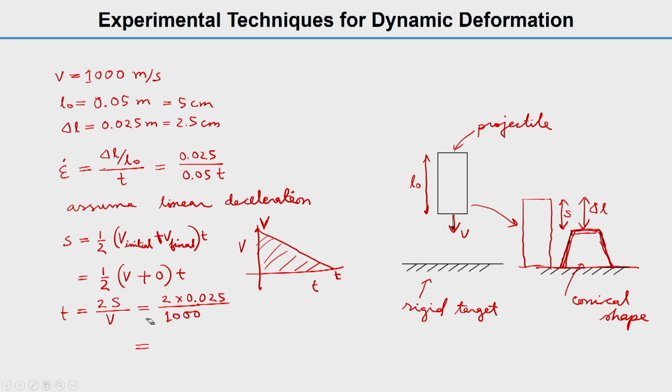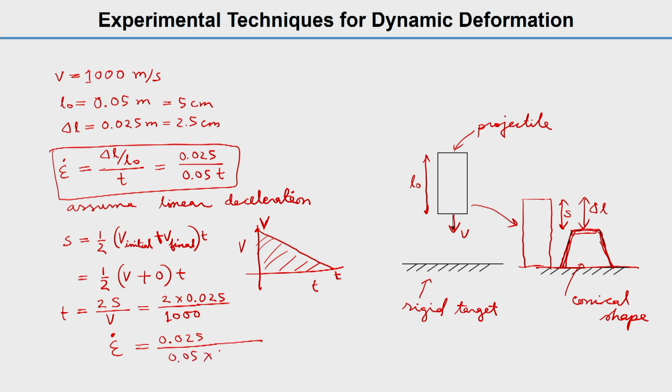Then we can go to the epsilon dot, the strain formula, and here what we will get is epsilon dot is equal to 0.025 divided by 0.05. Here now we will put the time, 0.025 multiplied by 1000.